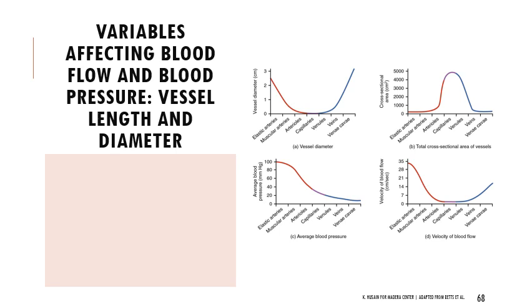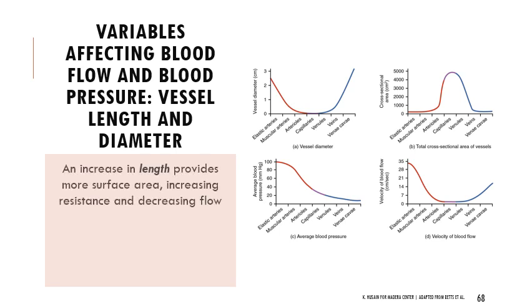So the length of the vessel and the diameter also makes a difference. The length matters because as you have more length to the vessel, there's more surface area. So the blood is being pumped out of the heart. It has to make its way through these different vessels, and the longer it passes through, the more surface area the blood encounters.